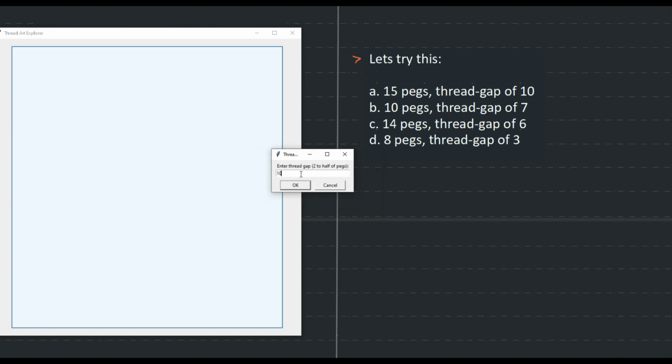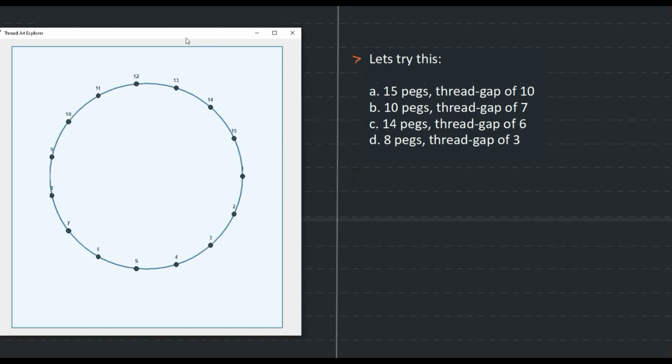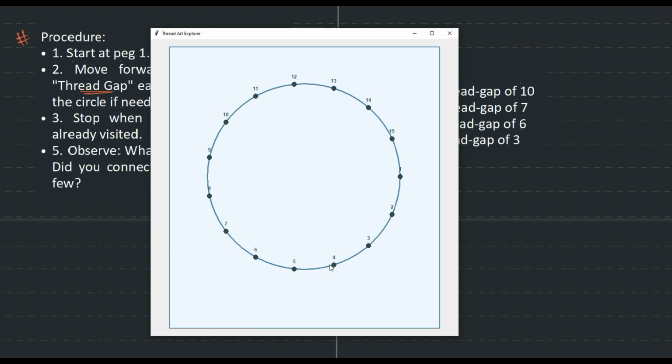I have given a rule that it has to be less than 7, so let me choose 5. We'll always start with 1 and move a step of 5. So 1 plus 5 is 6. From 1 we go to 6 because we have a gap of 5. From 6 we go to 11, and then plus 5 we end up at 1 again. So we were able to visit 3 pins.